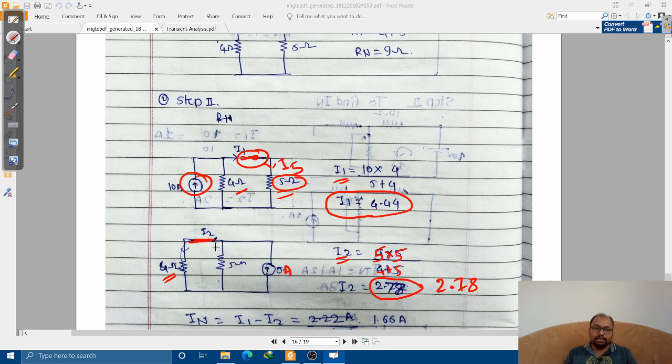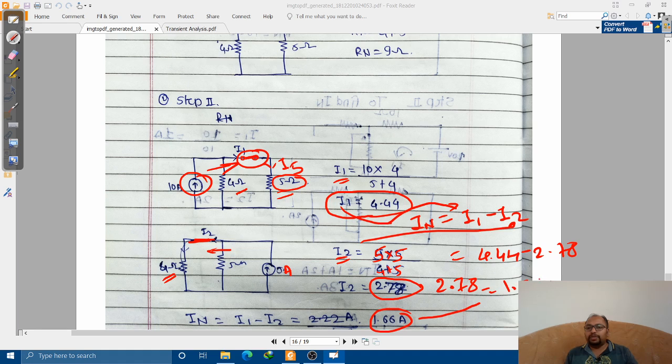One current is flowing from right to left, and the other current, I1, was flowing from left to right, exactly in reverse. So we need to subtract, not add. Let us say this is I1 and this is I2. Therefore 4.44 minus 2.78 gives 1.66.